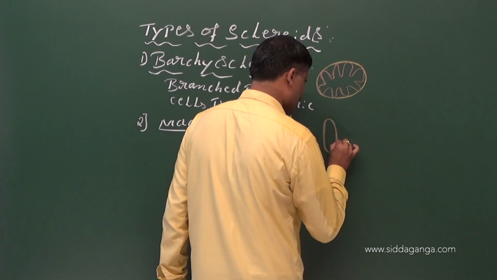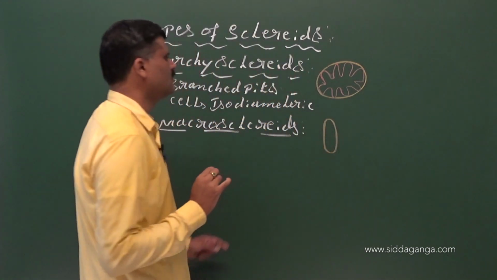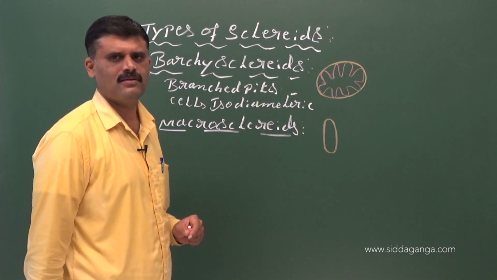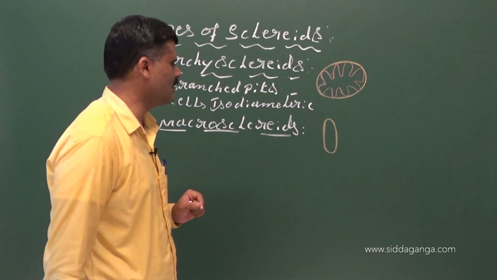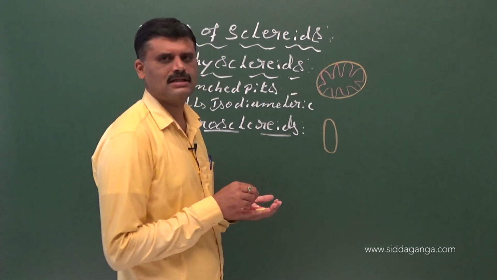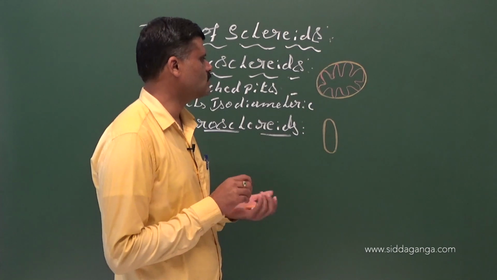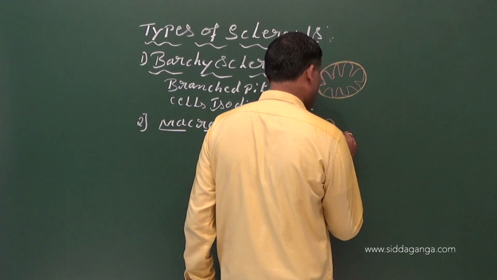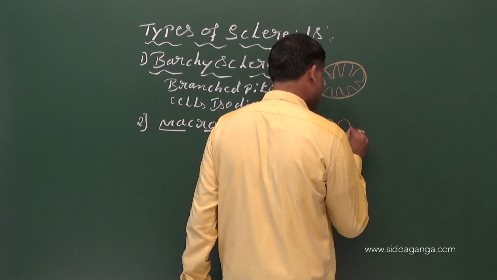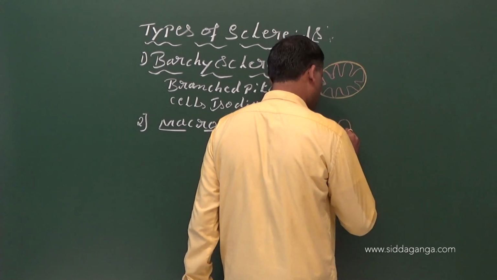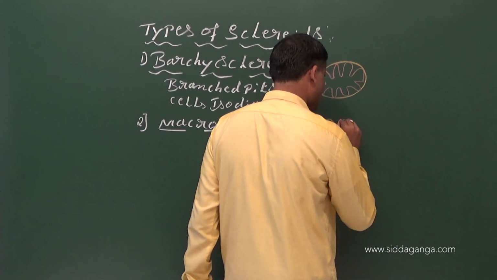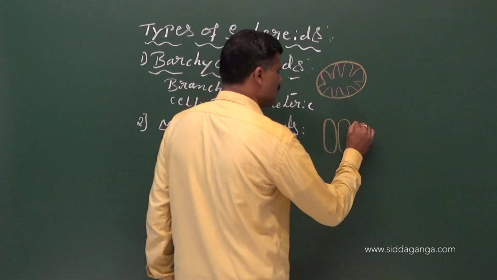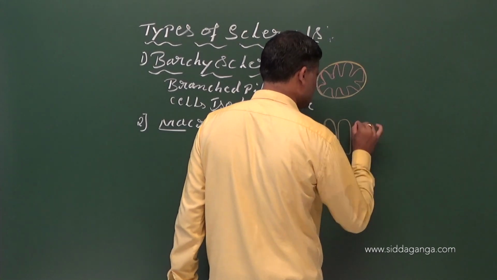So in Brachysclerites, the lignin deposition occurs in the form of branched pits. It's not uniform; here and there the lignin deposition is absent, so it appears in the form of branched pits. Whereas in Macrosclerites, the cells are somewhat pillar shaped and the lignin deposition is uniform.